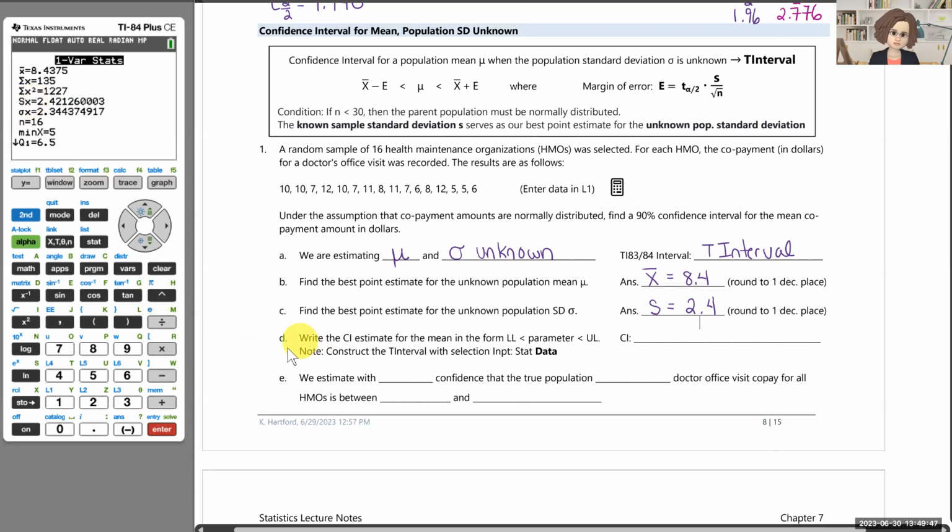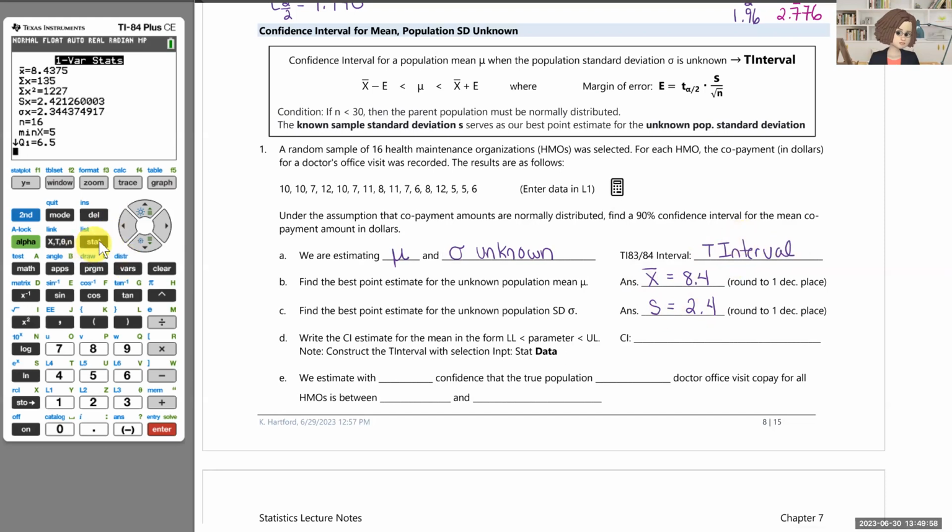All right, so let's go ahead and find our confidence interval. Now, because we do have the data in the calculator, I don't want to use these rounded numbers when I do my t-interval. So we'll go to our t-interval. So stat, tests, and right below z, you'll find t. And I have data, so you want to move over to data.